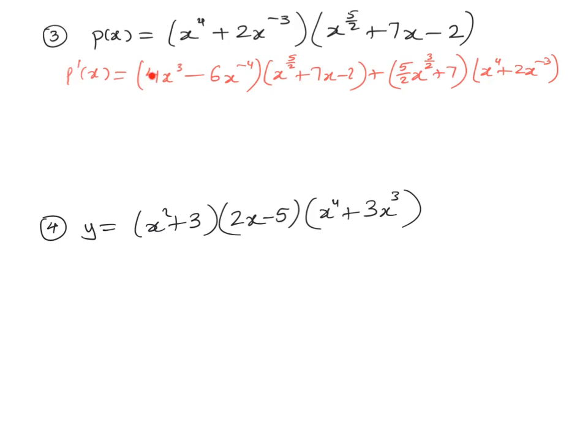So derivative of the first function times second one left alone, derivative of the second function times first one left alone.